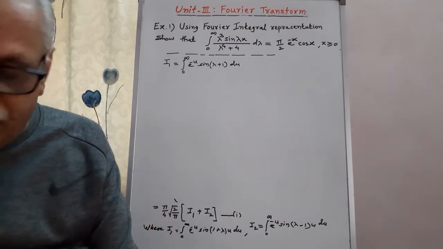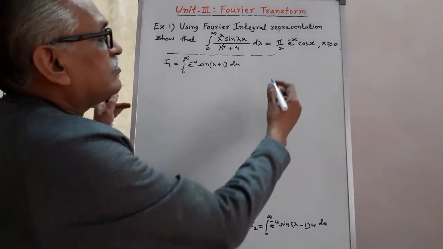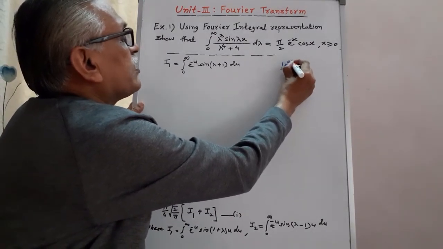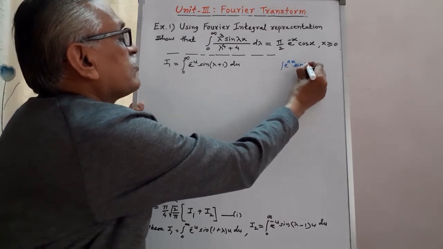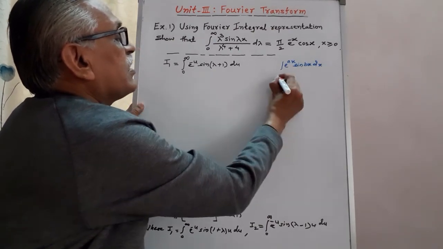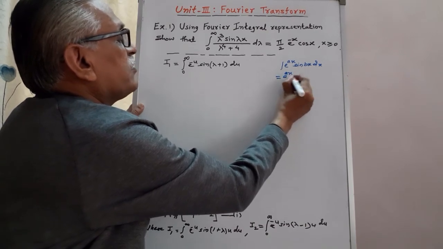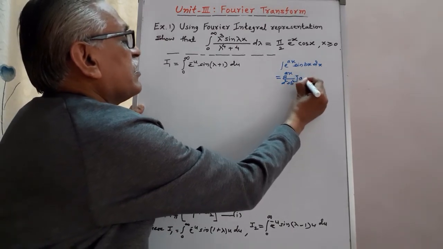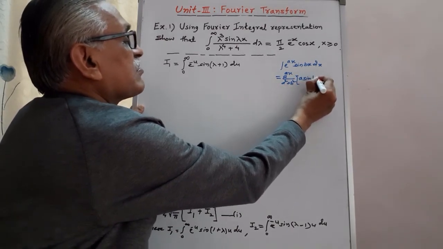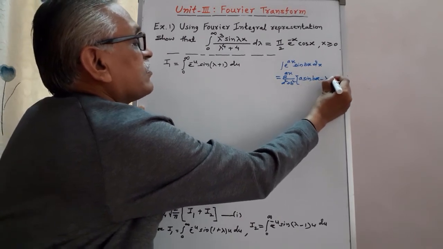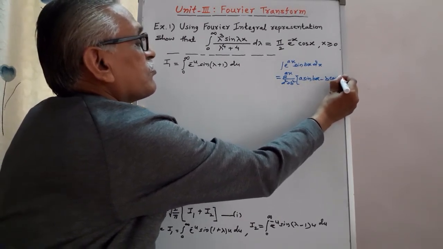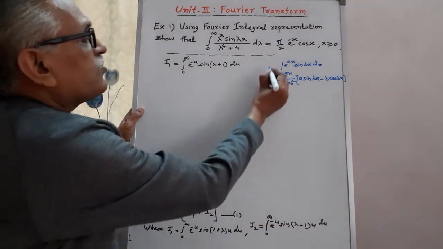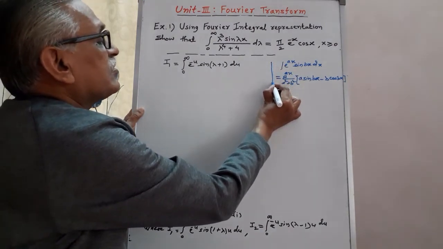We apply that standard result: the integration of e raised to ax sine of bx dx is equal to e raised to ax divided by a square plus b square, into a sin bx minus b cos bx. Therefore, we have to apply this standard result.